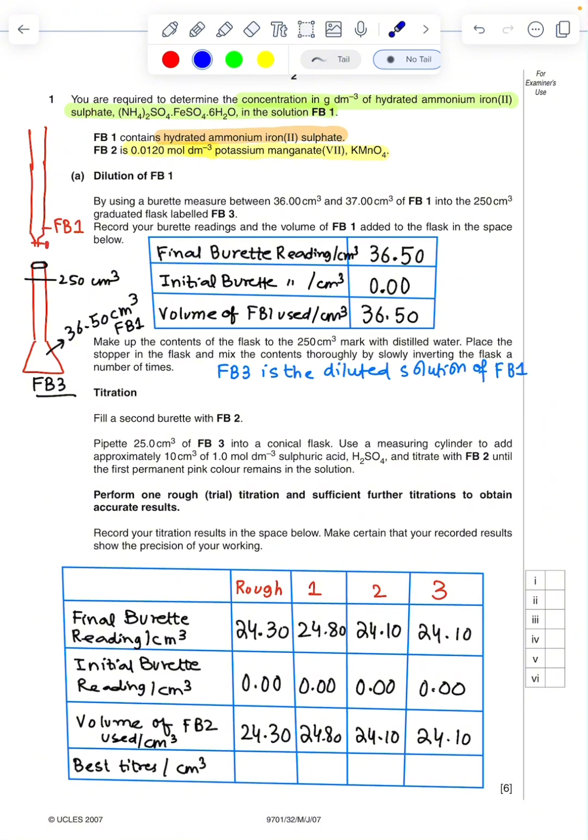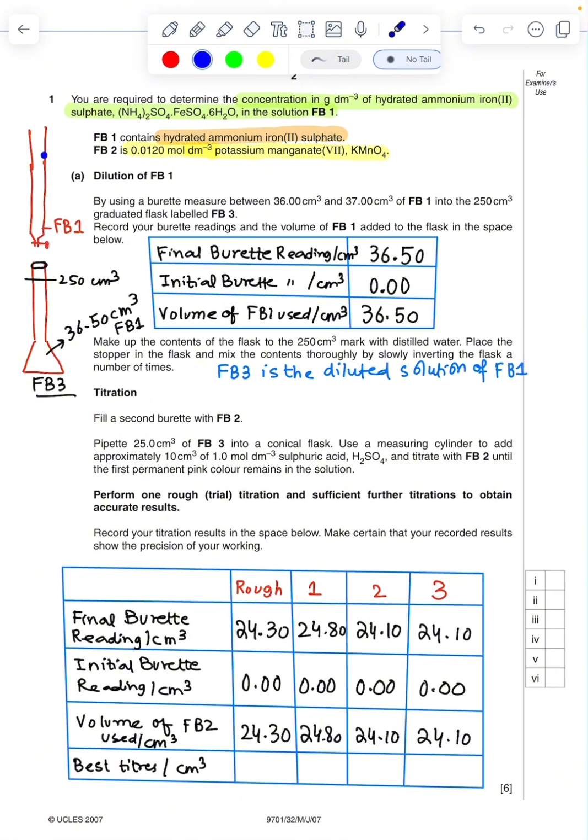For the dilution purpose, I am going to take all the FB1 into this burette, and I will be taking a volumetric flask like this. So the examiner has told that I can use any volume between 36 and 37 cm³ of FB1 into this graduated flask. So what I can do is add any value that is between this range. For example, I have added 36.50 cm³.